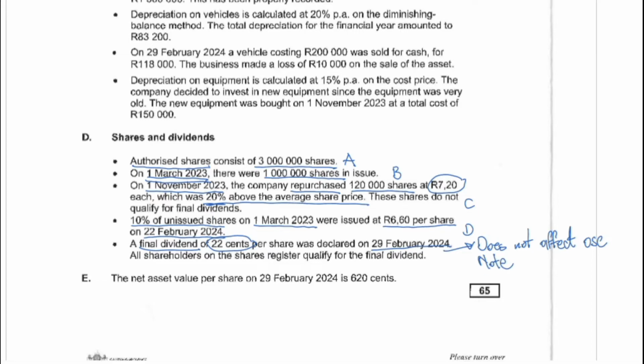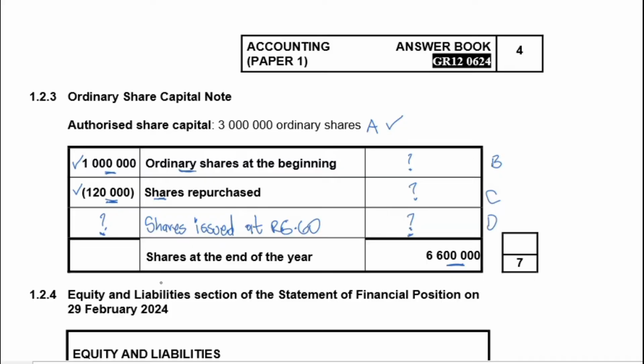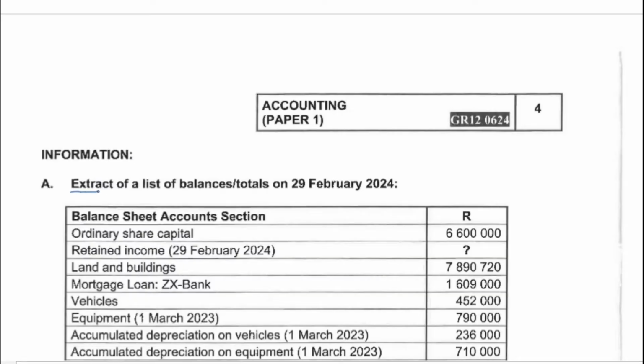The last line item in our ordinary share capital note is for shares at the end of the year. In other words, these are the shares that were in issue at the end of the year. When we look at the extract from the trial balance, we are told that the balance for ordinary share capital at the end of the year is 6,600,000 rands.